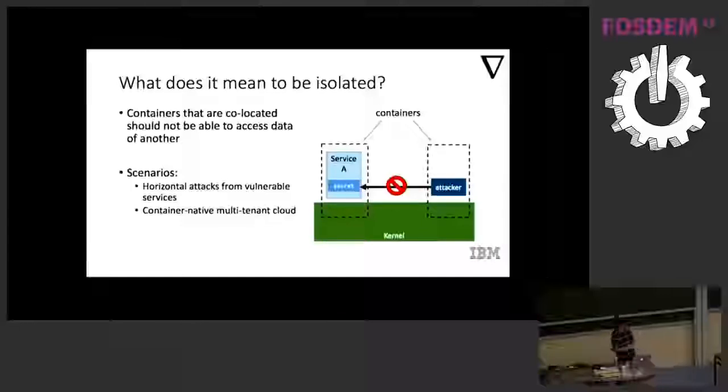So why is this important? For us, one of the use cases is, if I have service A over here that has gone through VA checks, has gone through a lot of audit, it's a really secure service, but I have a legacy, like 30-year-old application that has tons of vulnerabilities. An attacker may do a horizontal attack on the same host.